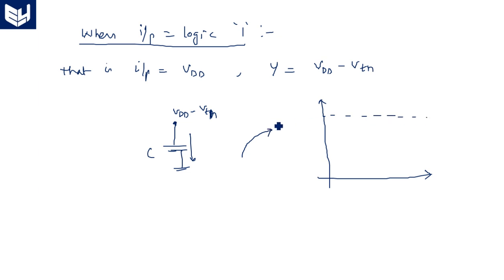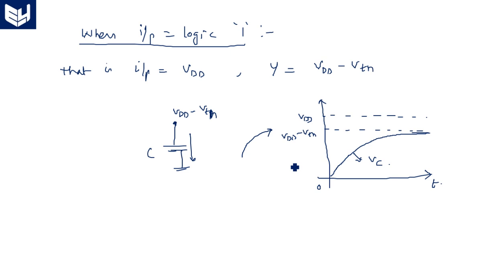This is the actual input, we are expecting VDD, and this is the practical input appearing across the capacitor, VDD minus VTN, so the capacitor slowly charges and reaches the maximum potential after a certain amount of time. So this is VC, the voltage across the capacitor. Hope you understand how the capacitor charges.